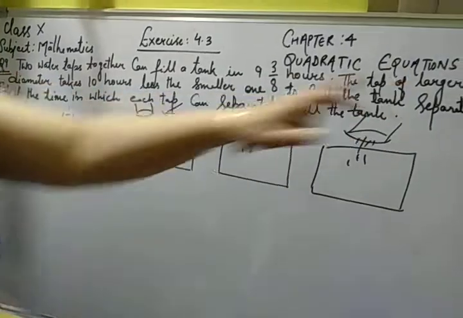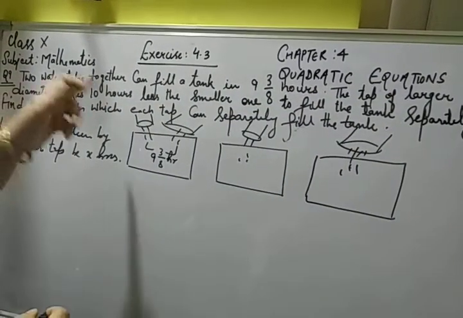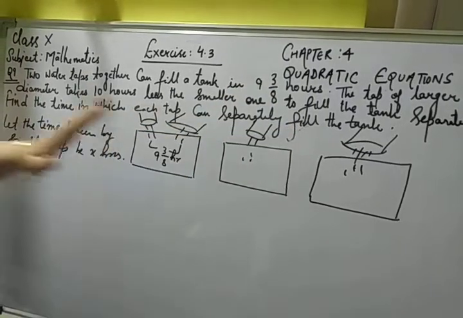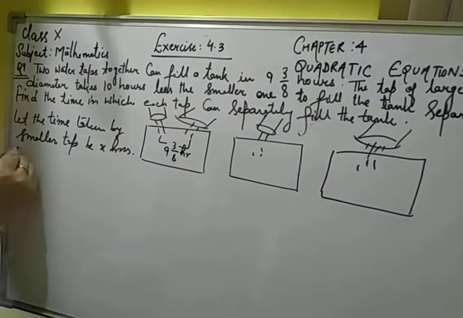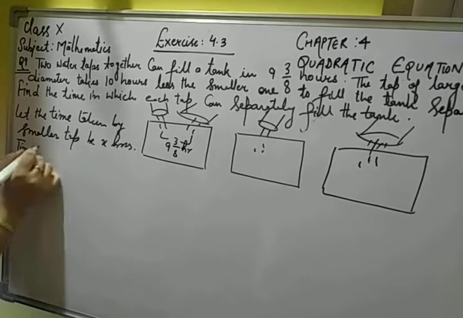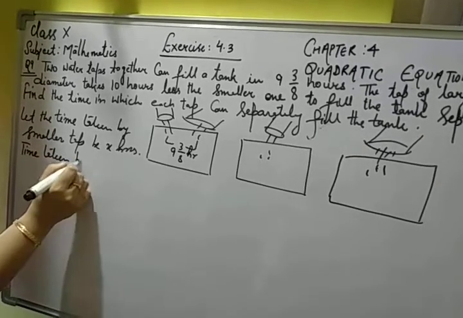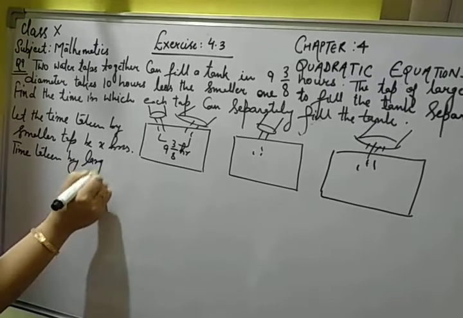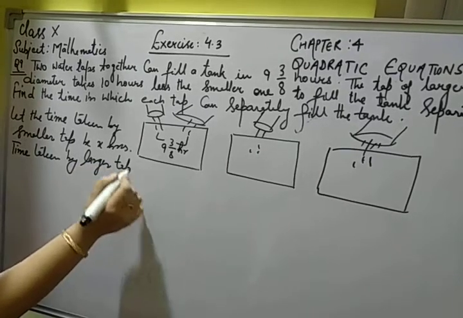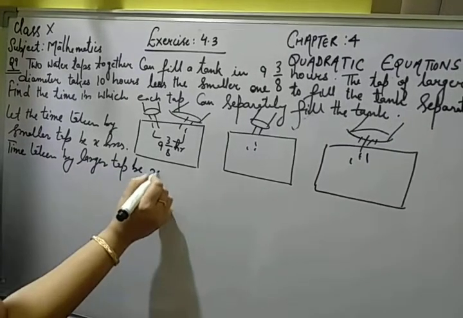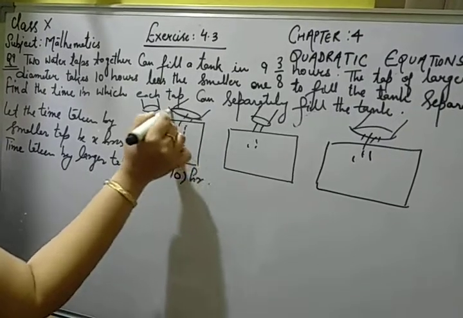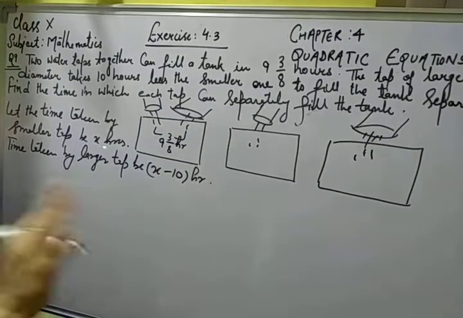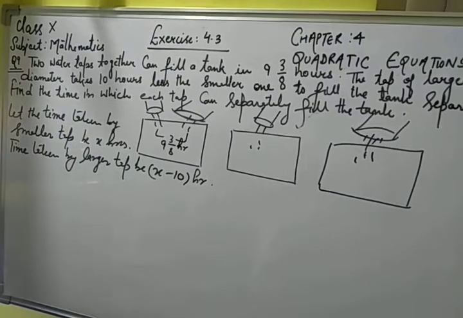The tap of the larger diameter takes 10 hours less than the smaller one. अगर smaller tap को x hours लग रहे हैं तो it means the time taken by the larger tap to fill the tank be x minus 10. Obviously, if the diameter is larger, it will fill the tank earlier than the smaller one, right?